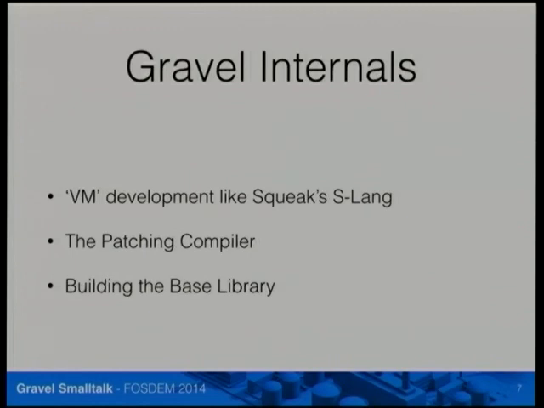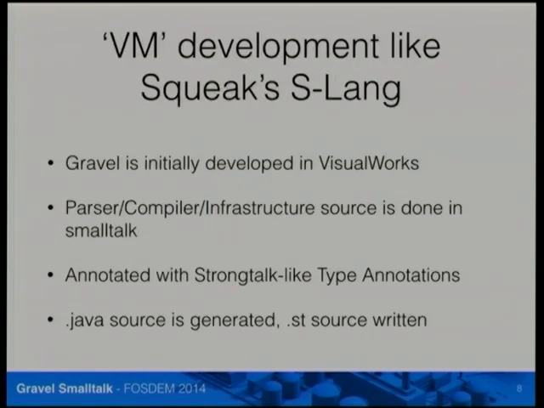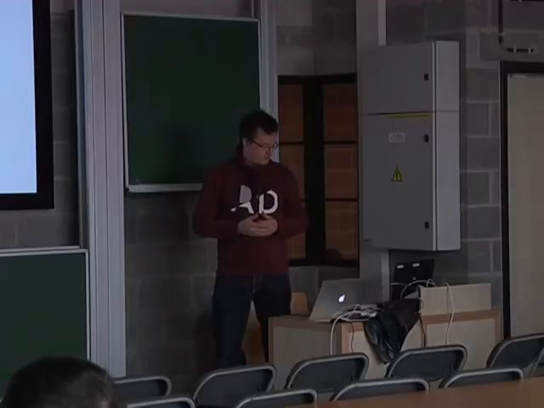I'm going to tell you a bit about the Gravel internals. First, how we actually develop the compiler infrastructure of Gravel itself. We started developing Gravel in VisualWorks, and we built a parser and compiler infrastructure in Smalltalk itself.